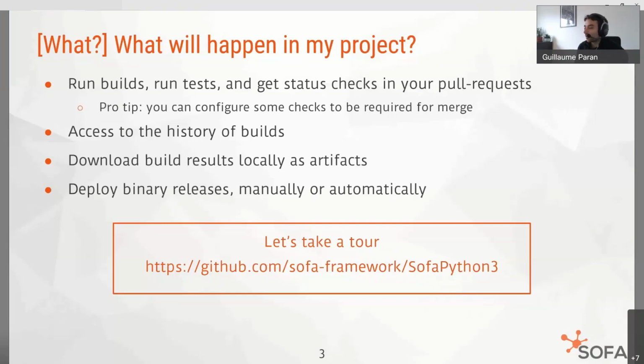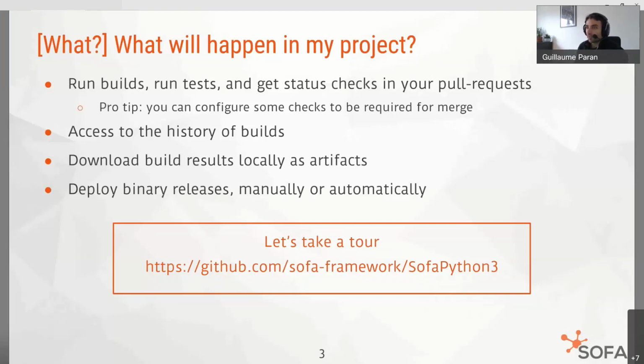You will also be able to get the generated objects from any build. This is what is called artifacts. And you will also be able to deploy releases automatically and or manually.